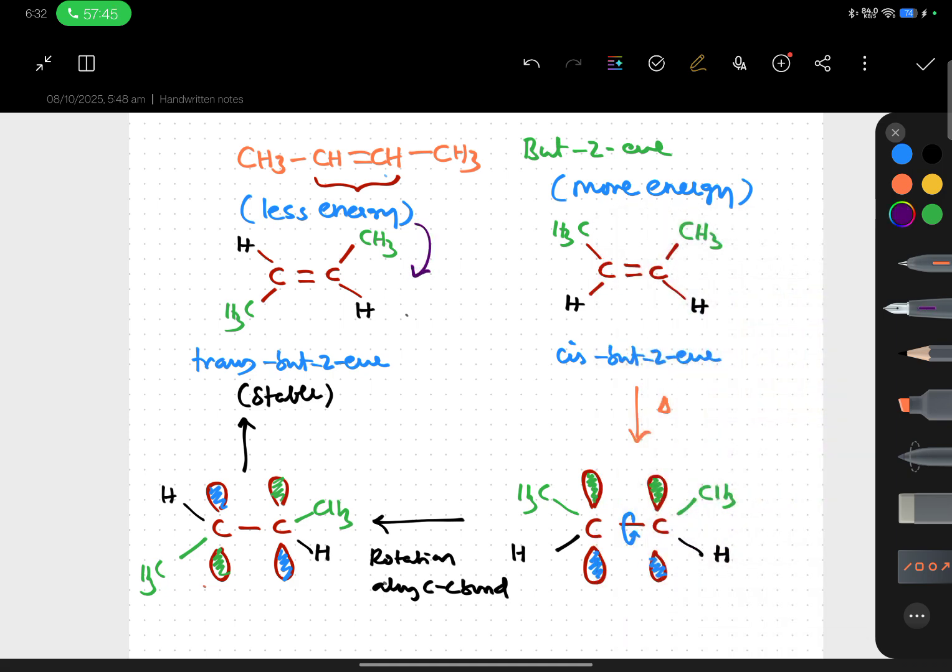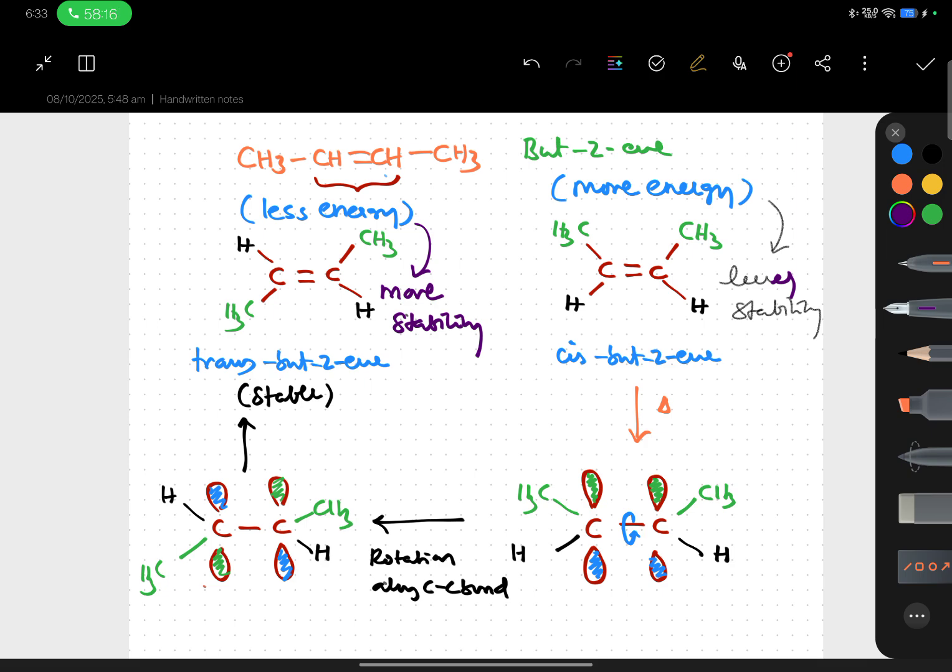So lesser energy means more stability, more energy means lesser stability. Done, ma?